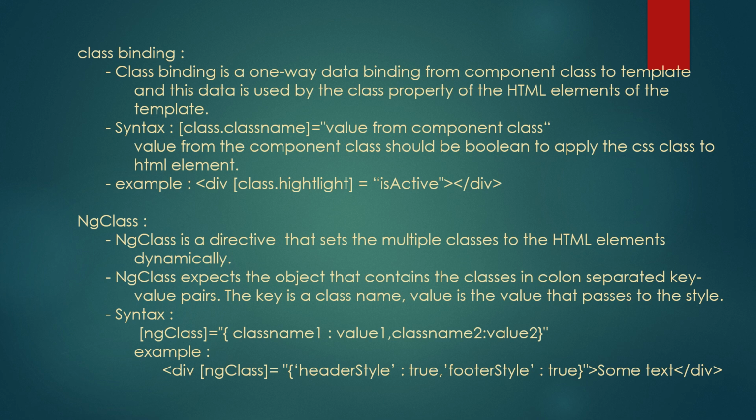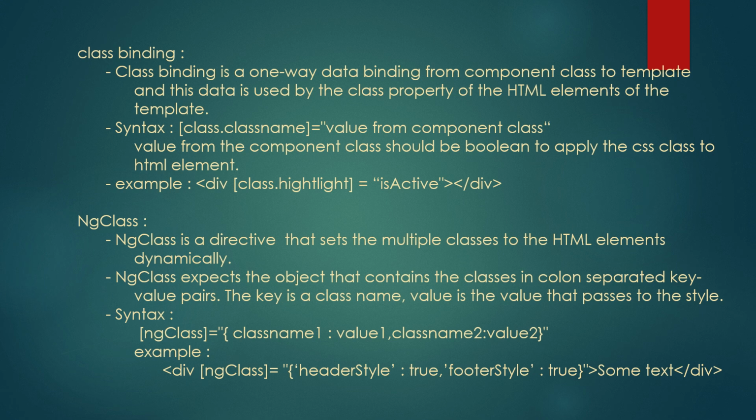If you want to specify multiple classes on the same element, then we need to write that class binding multiple times. To address this, we have ngClass in Angular. ngClass is a directive, so we can use it as a normal property on every HTML element. It is used to set multiple classes on HTML elements.